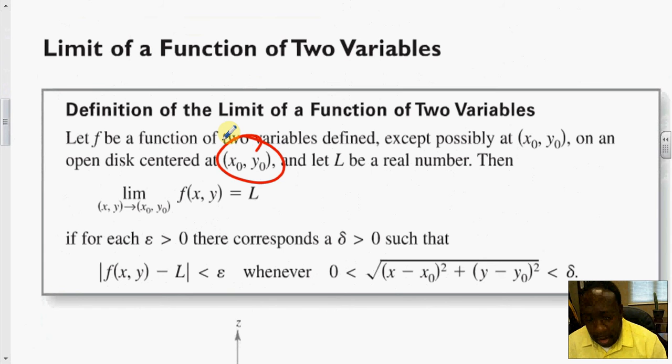And so we say that there's a real number L, and if you look at x and y about some neighborhood about x naught, y naught, we call that a delta neighborhood. And so this right here, this square root, defines a disk for us.